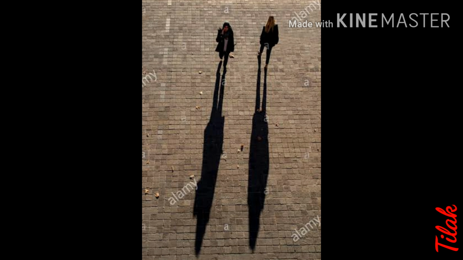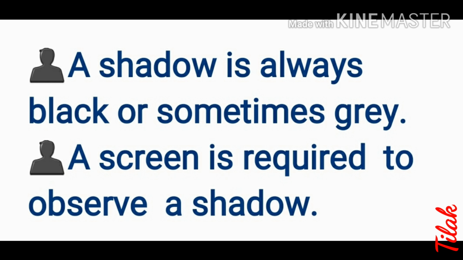See in this picture. So you can say that this might be the shadow formed in the evening or in the morning. A shadow is always black or sometimes gray. And a screen is required to observe a shadow.